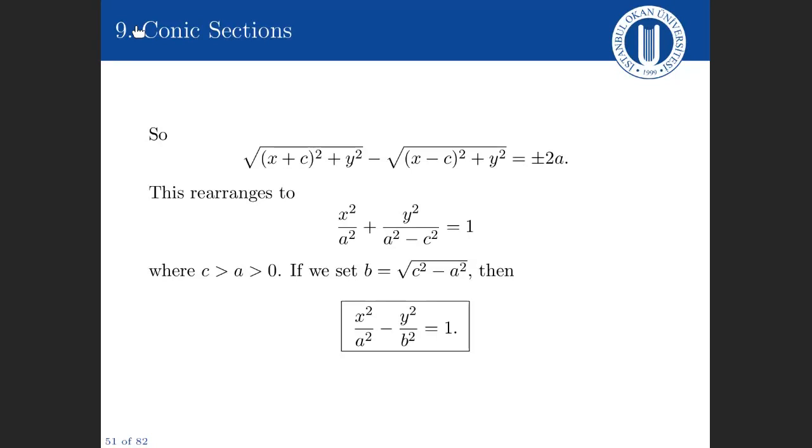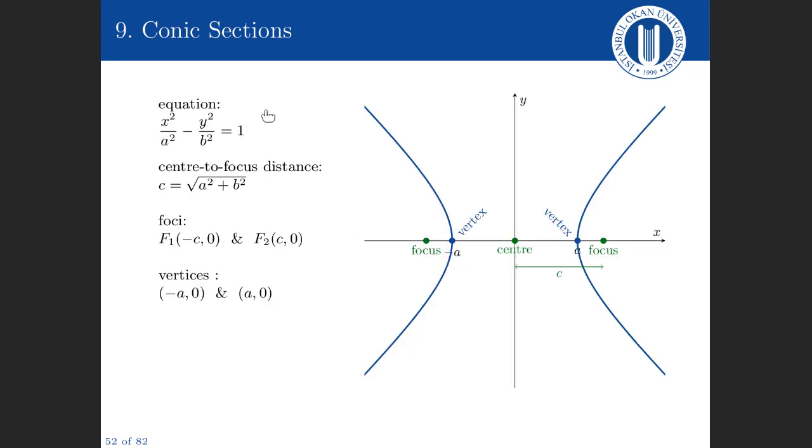For hyperbola, it doesn't matter if a is bigger than b or if b is bigger than a. It doesn't matter which one of these is bigger, because now the center to focus distance is the square root of a squared plus b squared. You will recall that for an ellipse, we had a minus sign just here, and to make this work, we had to have that a was bigger than b.